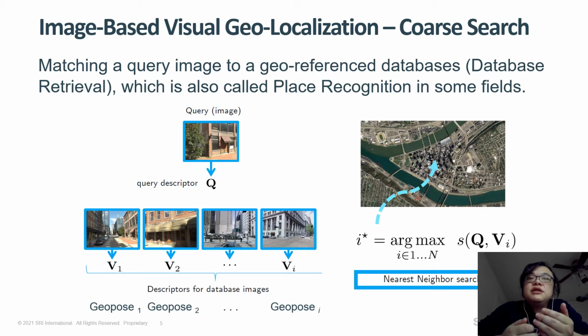It becomes a nearest neighbor search problem. The goal is to find a database image that is most similar to the query image based on the similarity between their descriptors. The returned database image will give us the corresponding geopose of the query image.